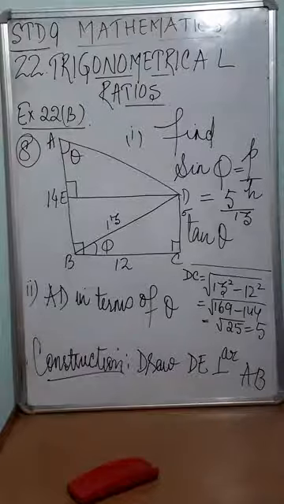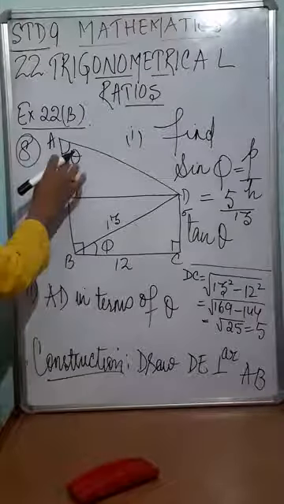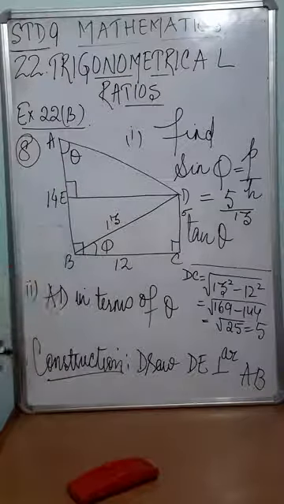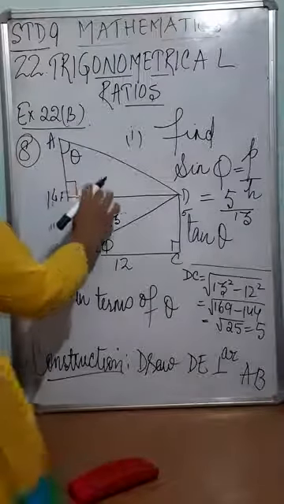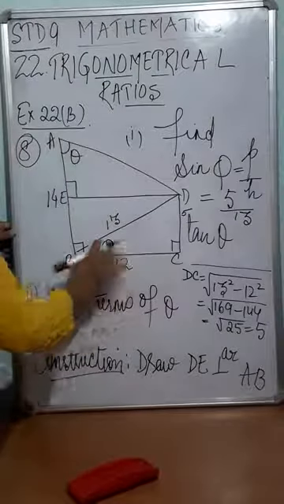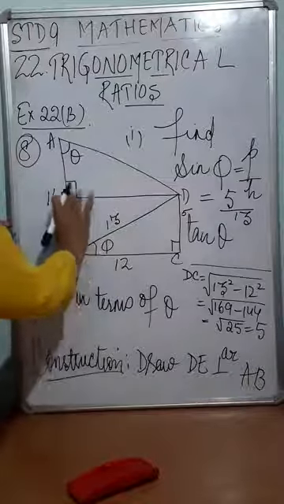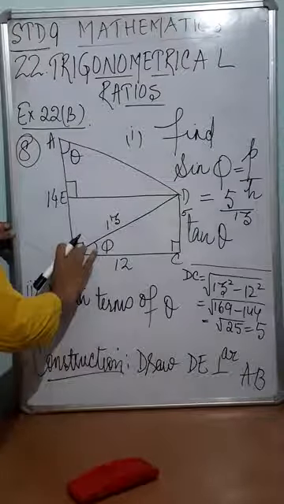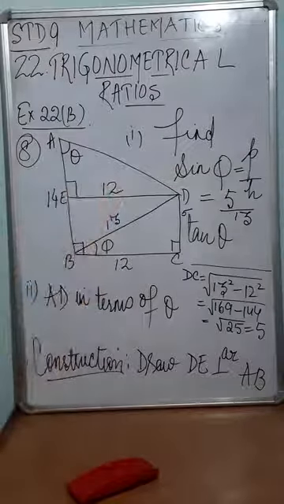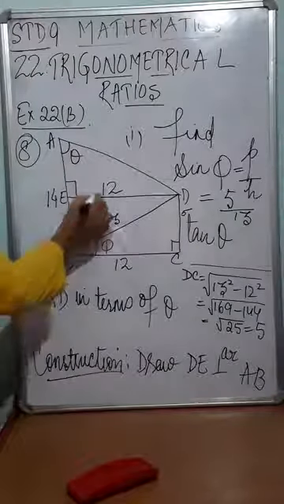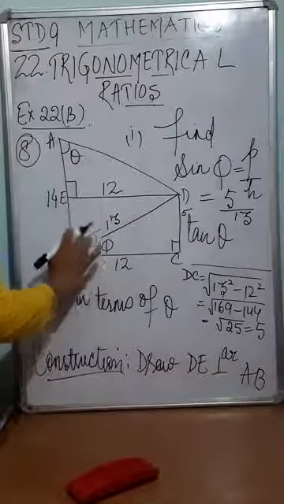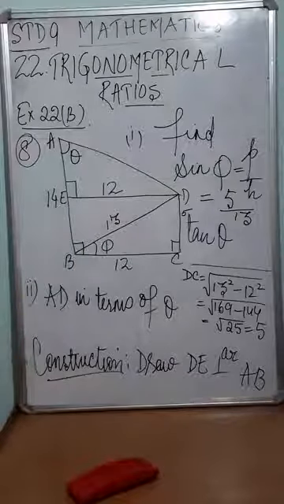Now, coming to tan theta. To find tan theta, we have to know the perpendicular side and the base. The perpendicular side ED will be equal to BC, because these are corresponding angles. Therefore, if BC is 12, ED will be equal to 12. These lines are parallel, in fact, and this length will be equal because these are perpendiculars drawn.